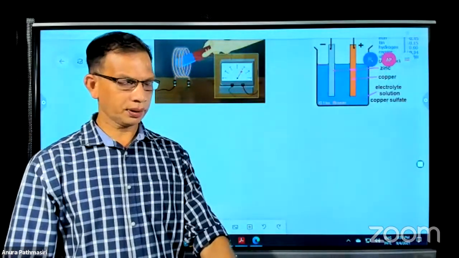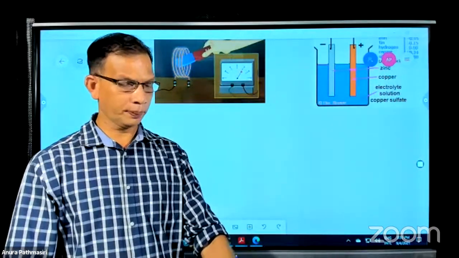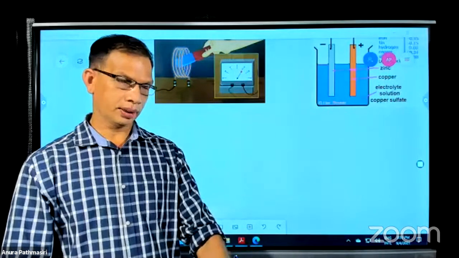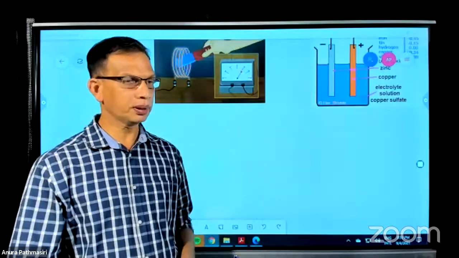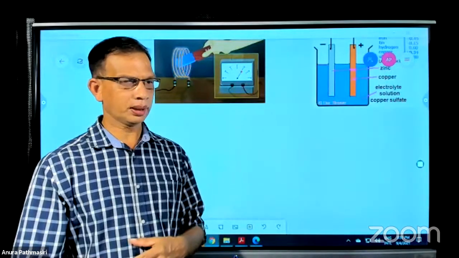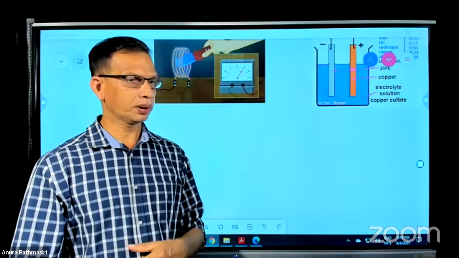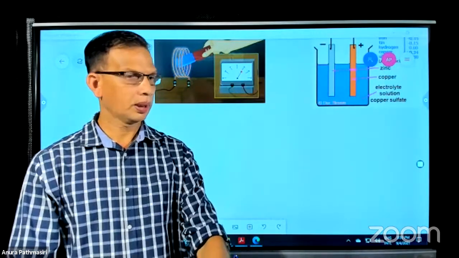You can see that free electrons are available in the copper conductor, and these free electrons can be moved.